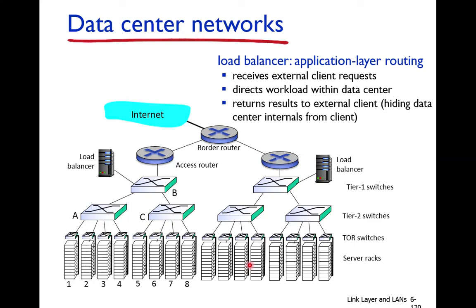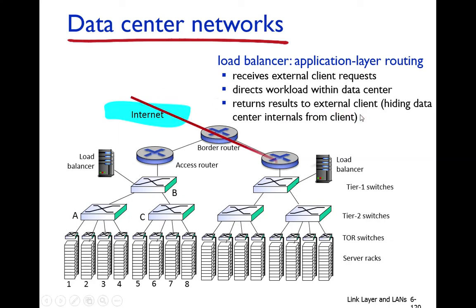depending upon which server is free, so that all these servers are used equally. And then when these servers return the results, the load balancer combines the results from all these servers, and that result is sent back to the requesting node, and then returned to the external client.